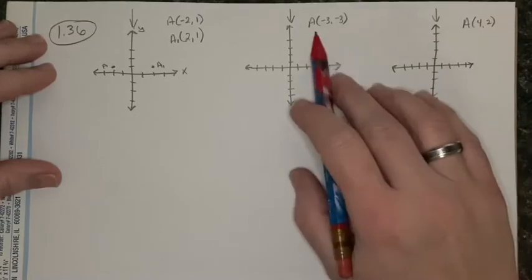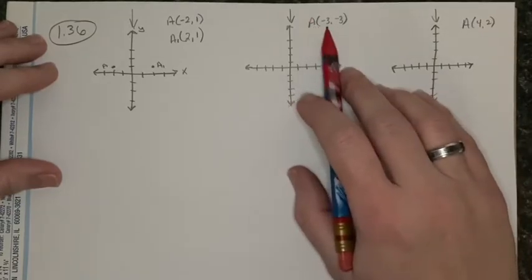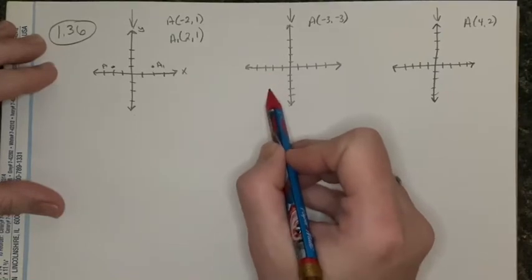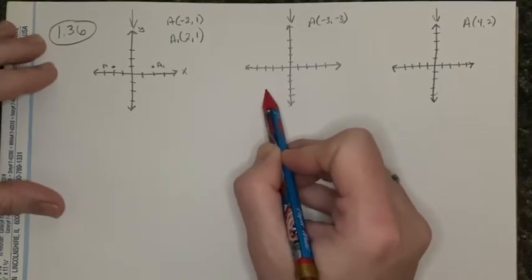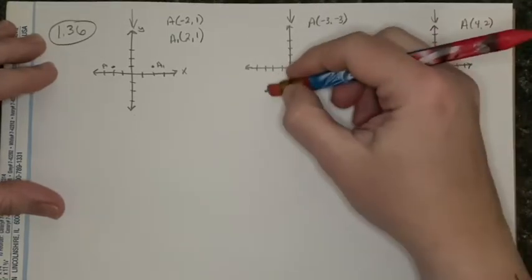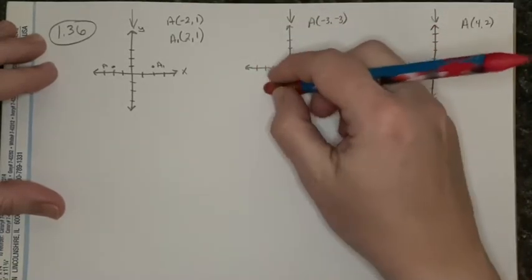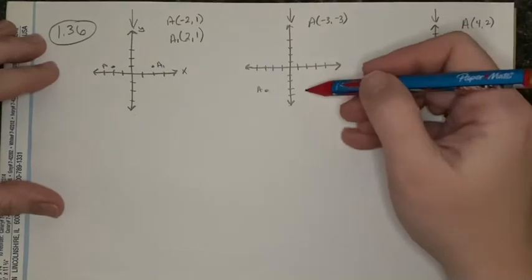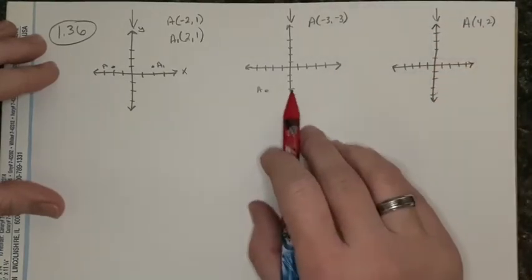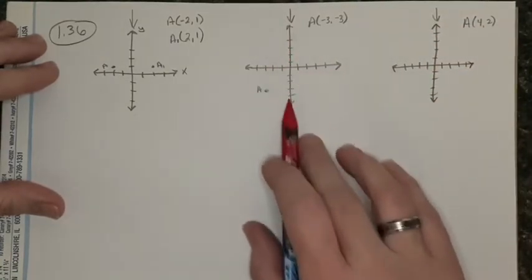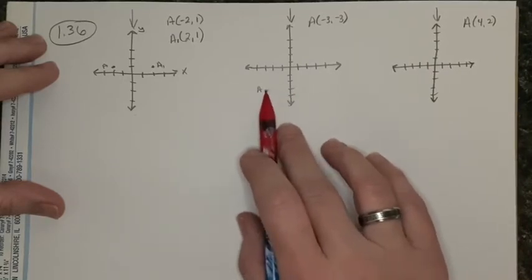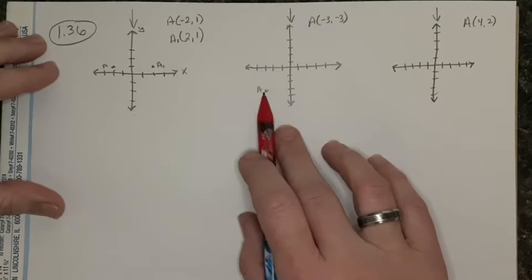Let's look at the next one. On the next one, our point is at -3, -3. And this one is done very similar to the one I just completed. This is our point A, and they want the partner point to this. It's still to the y-axis, so we're going to remain where we're at on the y-axis, and then move the same distance away that we are on this side.